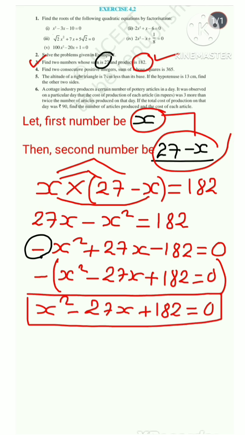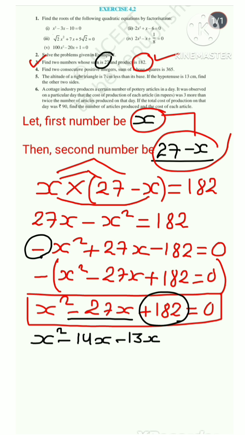Okay, let's solve. x square, this minus 27x can be split like this: minus 14x minus 13x, because when we multiply minus 14 and minus 13, then we obtain plus 182, right?